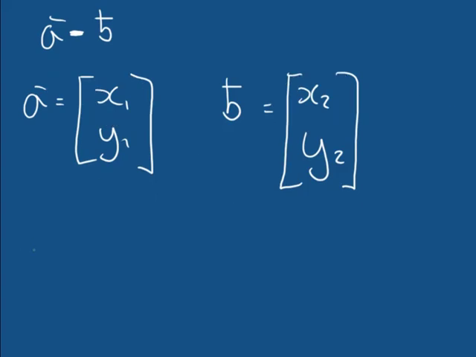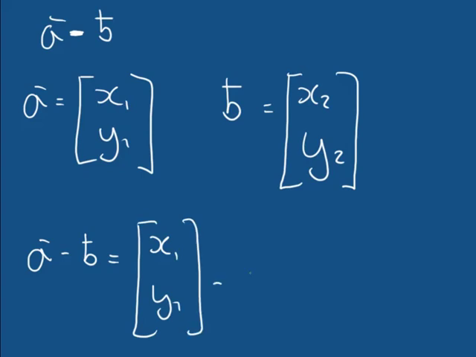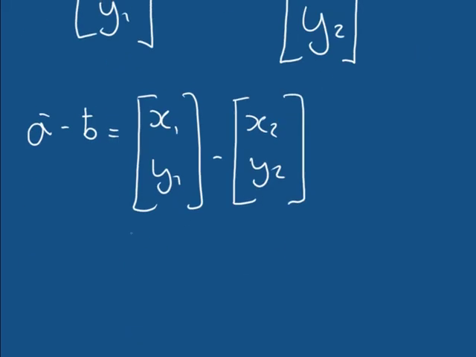So if we have vector A minus vector B, this is equal to (x1, y1) minus (x2, y2), which is equal to, for our first component of the result, we're going to take the first component of the first vector and subtract from that the first component of the second vector.